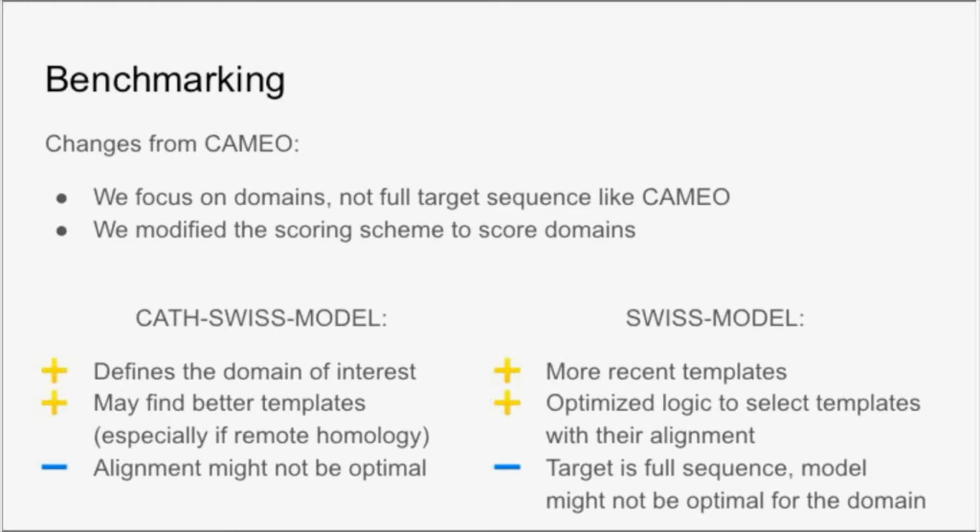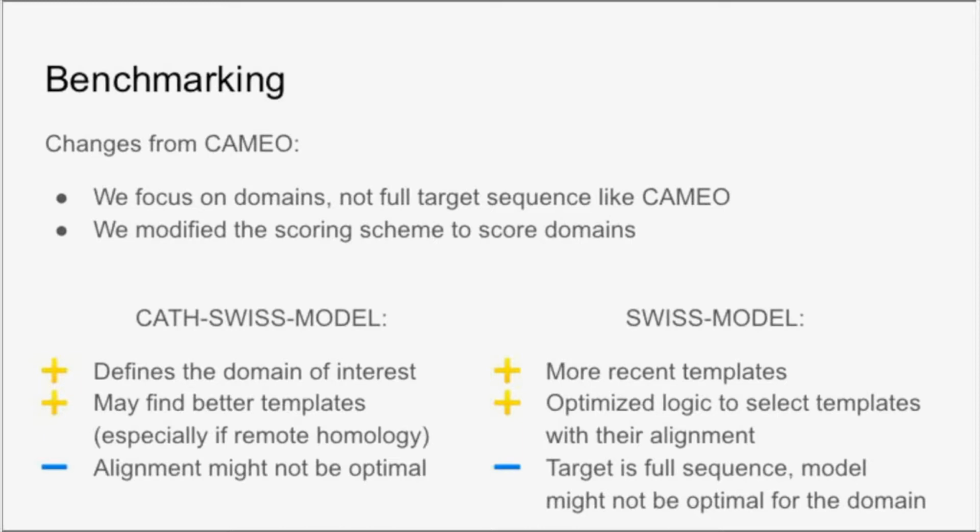So what do we expect from the two pipelines? The CATH Swiss model pipeline now defines the domain of interest in this benchmarking experiment. And we also expect it to maybe find better templates, especially in case of remote homology. However, we know that the alignments might not be optimal.